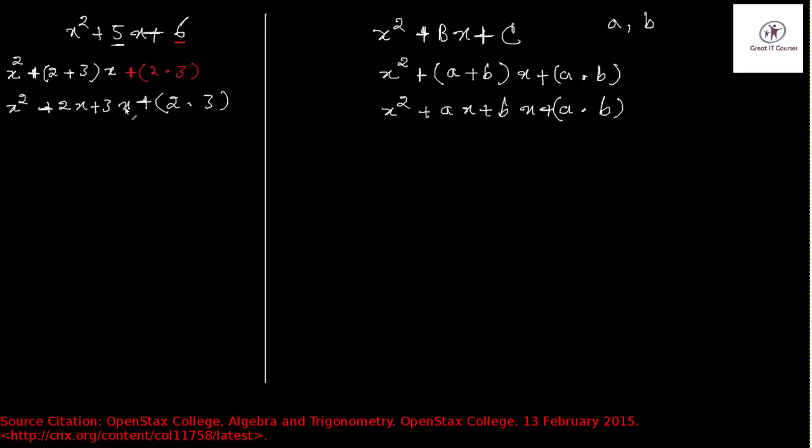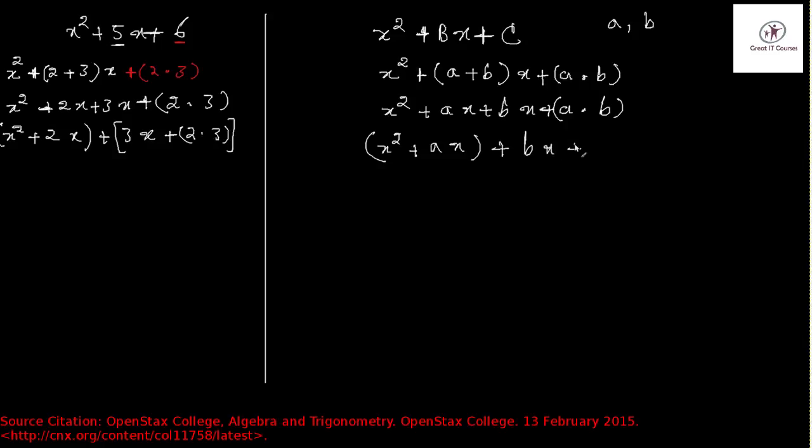And then I grouped these two together because I thought I could find the greatest common factor of 3 between these two. So I wrote this as x squared plus 2x grouped together, plus 3x plus 2 into 3 grouped together. Here I can do the same thing: I can find the greatest common factor of x between these two. So I can write this as x squared plus ax grouped together, and plus bx plus a into b grouped together.